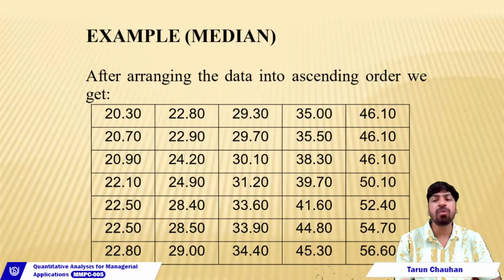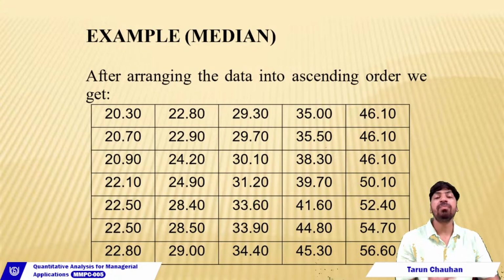If you check the raw data, it is 46.10, 46.10, 46.10. So there is one value which occurs 3 times, and that is 46.10.